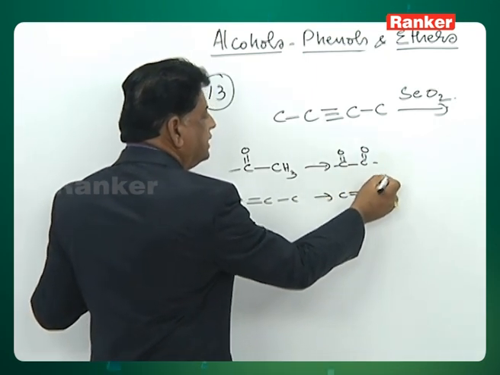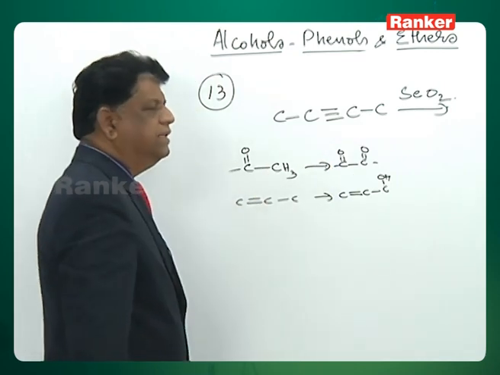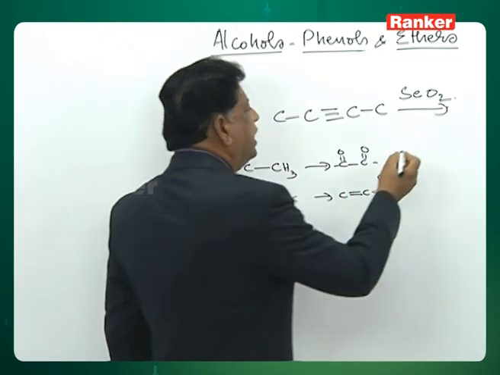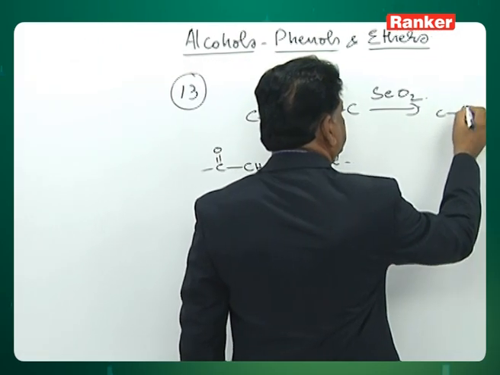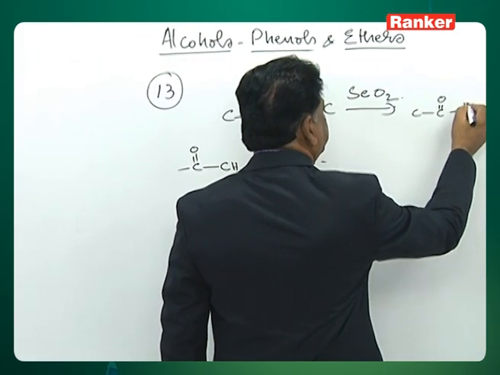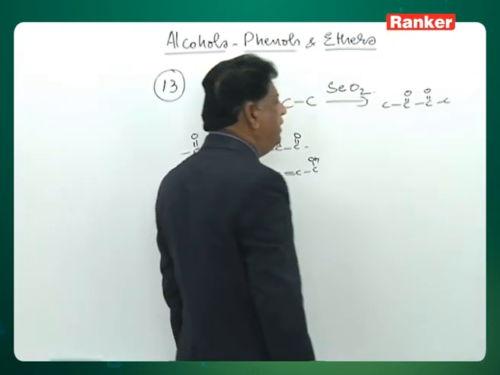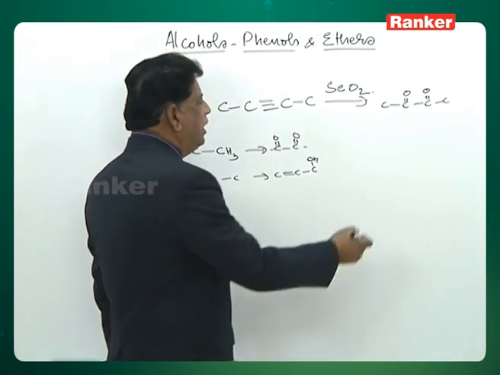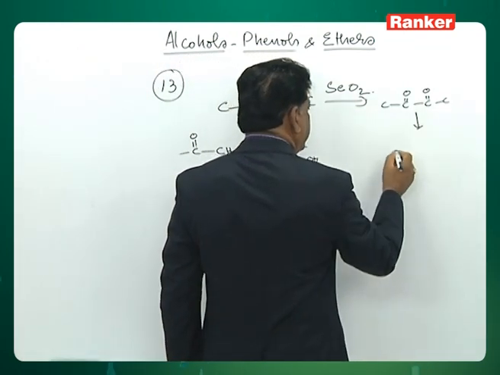So, these two reactions have no connection here. In a similar way, selenium dioxide converts a triple bond into the dione. That is the reaction. Then lithium aluminum hydride is well known; it converts the dione into a glycol.